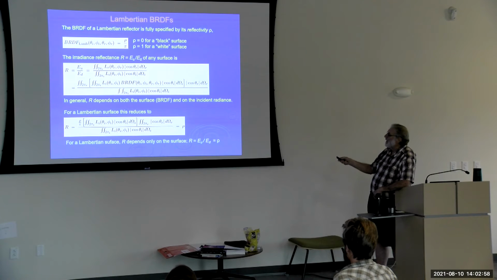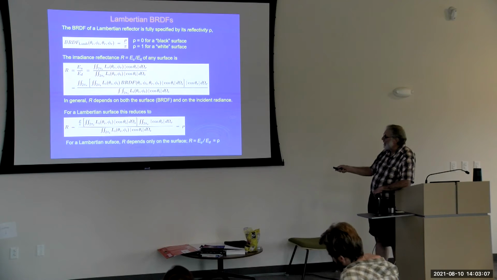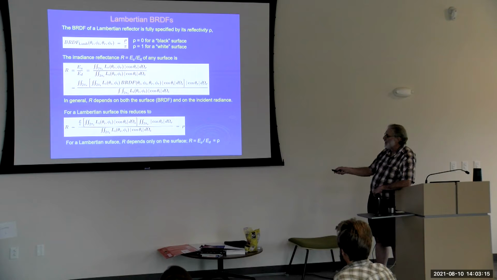Well, if the BRDF has this simple little form, that just comes out and you have this thing here and this thing here. And if you go through and do the calculus, those things are the same. They cancel out, and actually it's equal to pi, so the irradiance reflectance of a Lambertian surface is just this reflectivity rho.